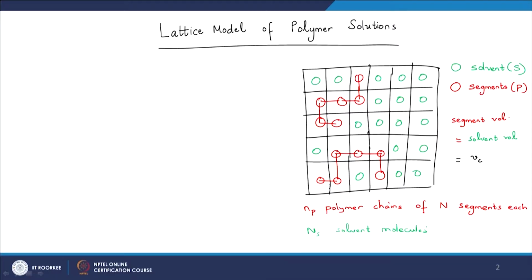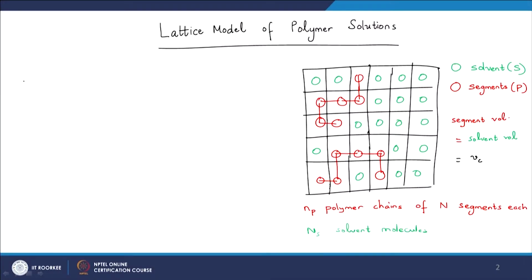Then if I compare the different terms in the expression we derived for liquid solutions, we can note that the solute entropy and solvent entropy were the same in the case of a liquid solution, which will not be true in this case because the segments of a polymer chain are connected together. So, they will have substantially lower entropy than the solute in the liquid solution model.